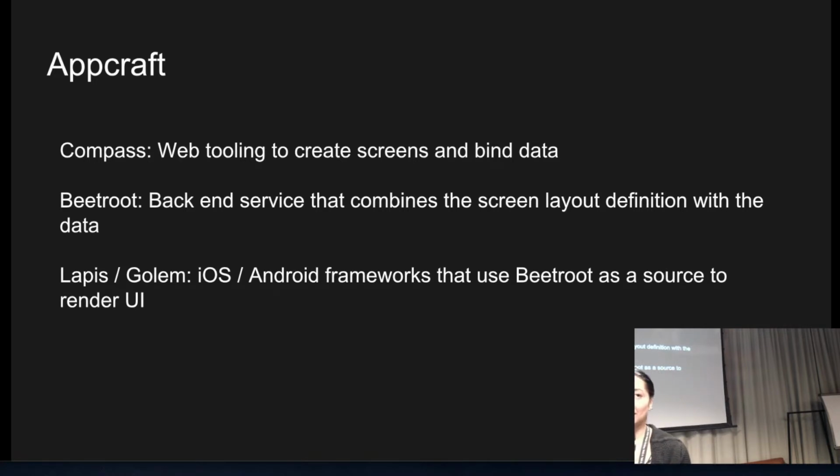It's doing really complex things. It combines the screen definitions that are created in Compass, and also takes care of all the data. So all the services that need to connect in the fashion store or even external services, it combines everything and just gives us everything already digested. So apps just render what Beetroot gives us.